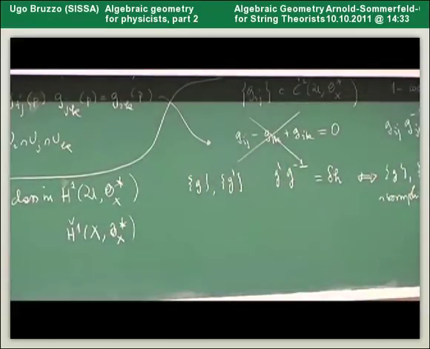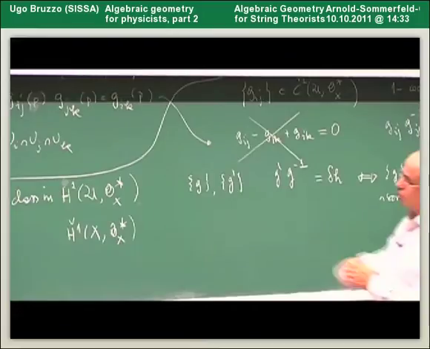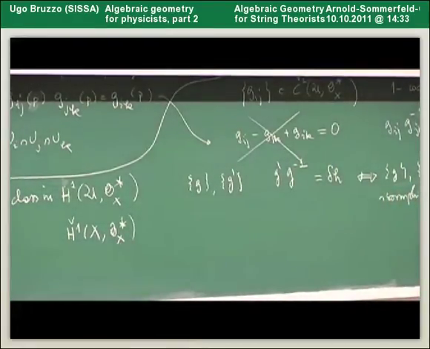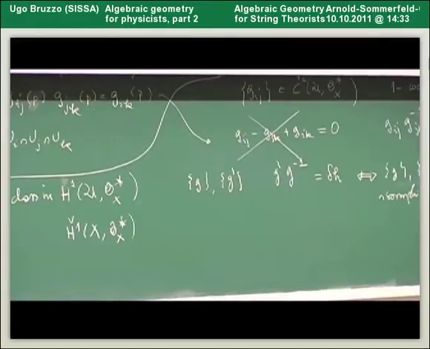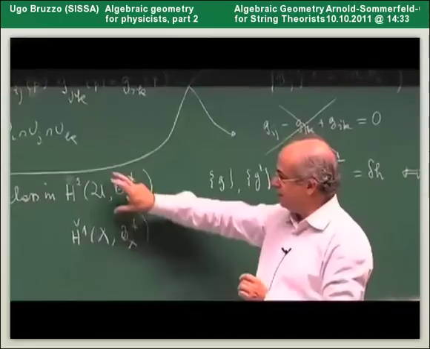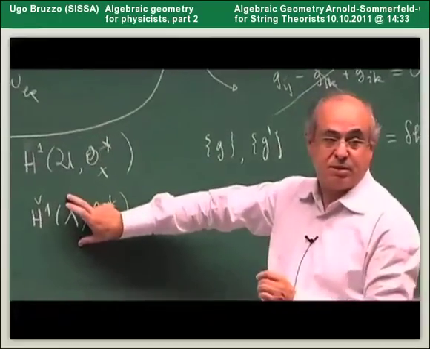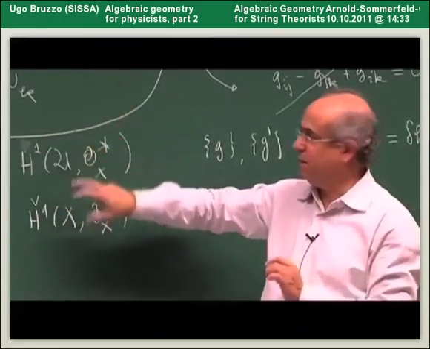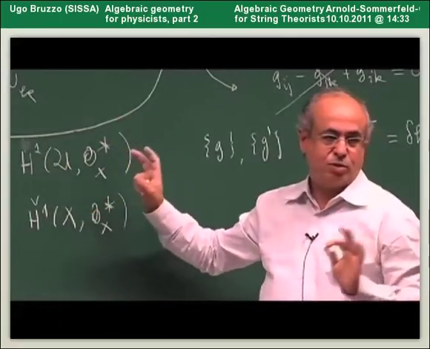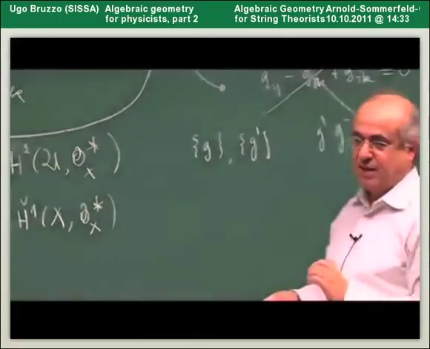I didn't put a check here, but if I want to get rid of the open cover, I know I can introduce this space, and I assume that I can choose an open cover in such a way that this cohomology is the same as this. So I forget about the fact that here I'm writing an open cover. Of course, one should prove that this is possible. But again, I don't have time.